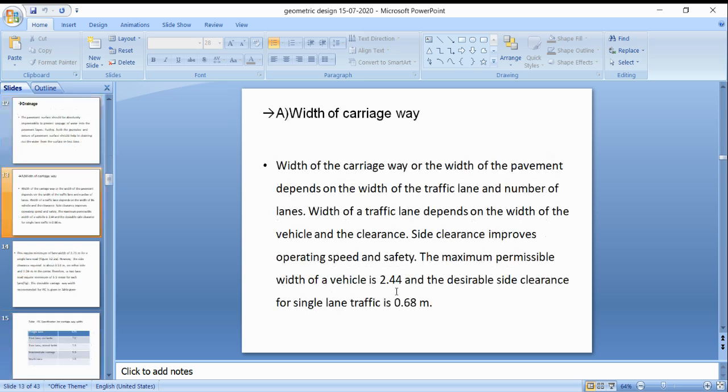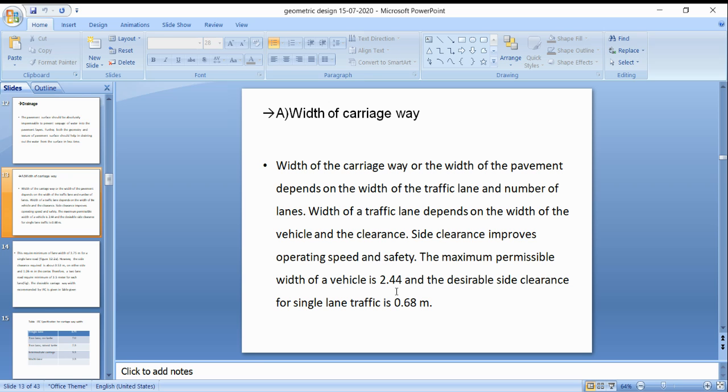Next comes the geometric conditions of a roadway. The first one is the width of carriageway. The width of the carriageway, or width of the pavement, depends on the width of the traffic lane and the number of lanes.